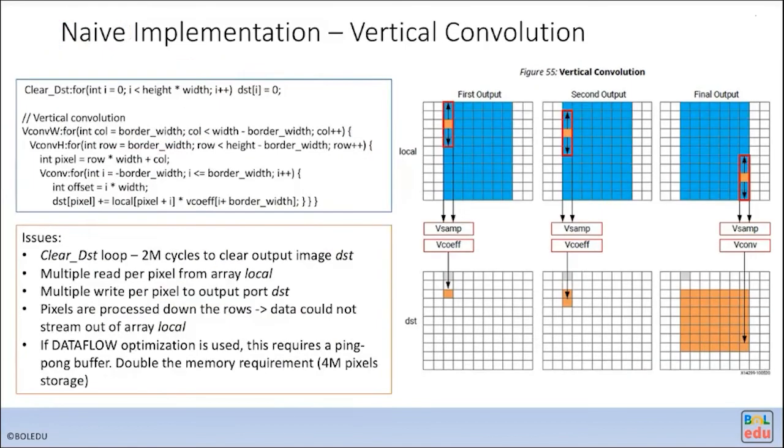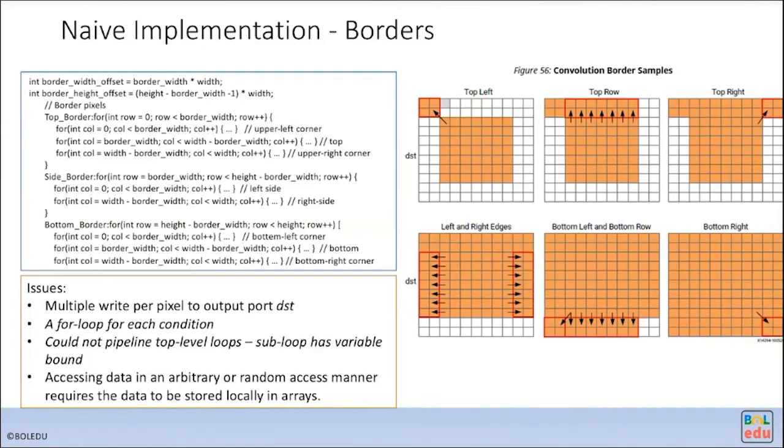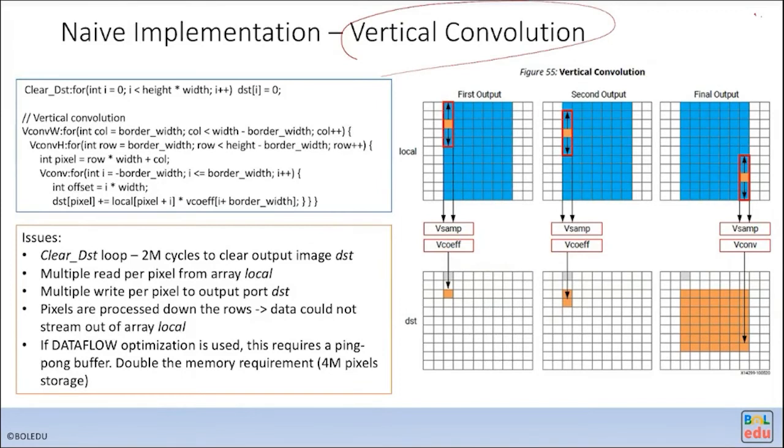And then let's look at the vertical convolution. So the vertical convolution is done this way, vertically. That's the sample code. So what's the issue?